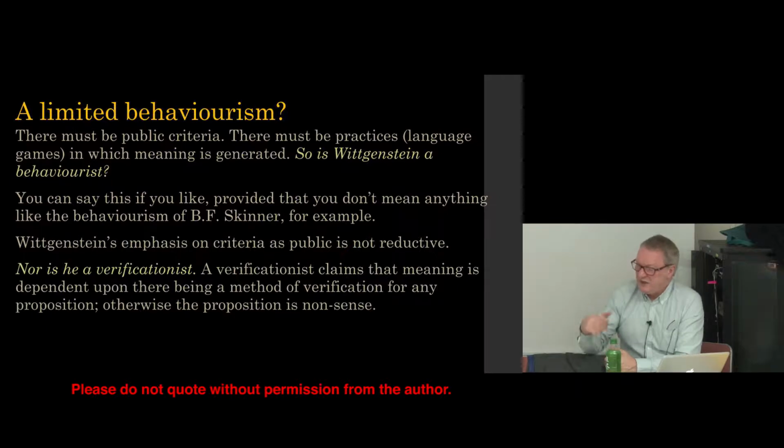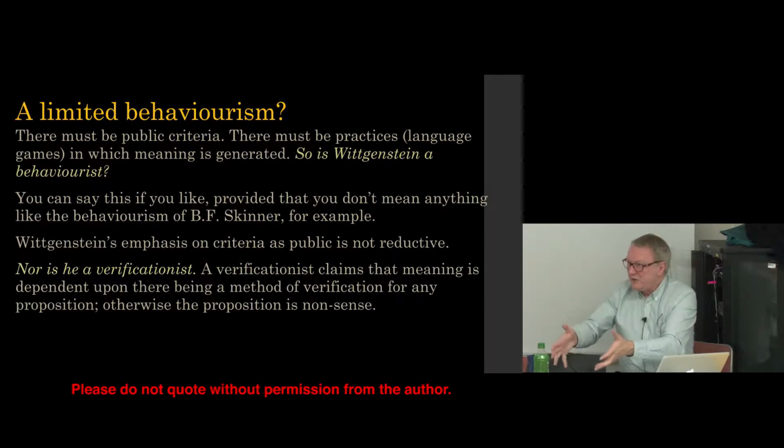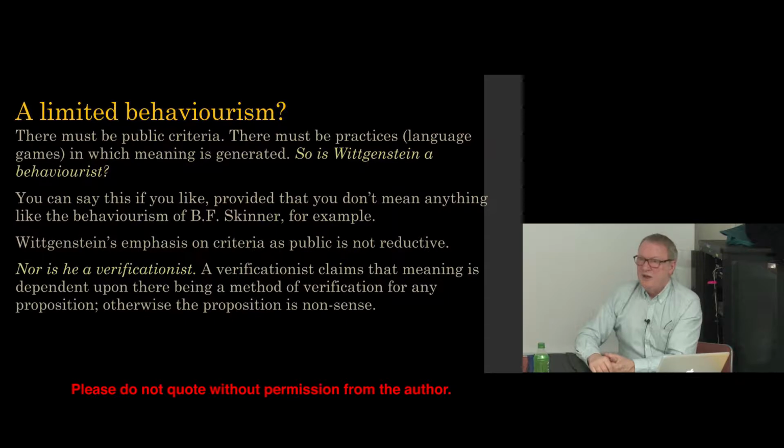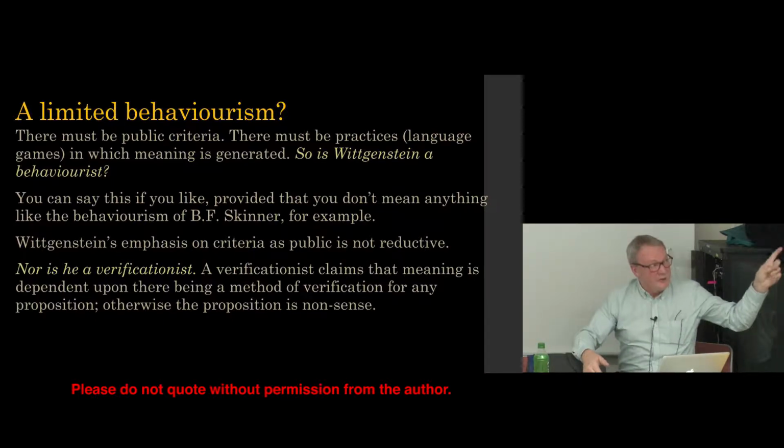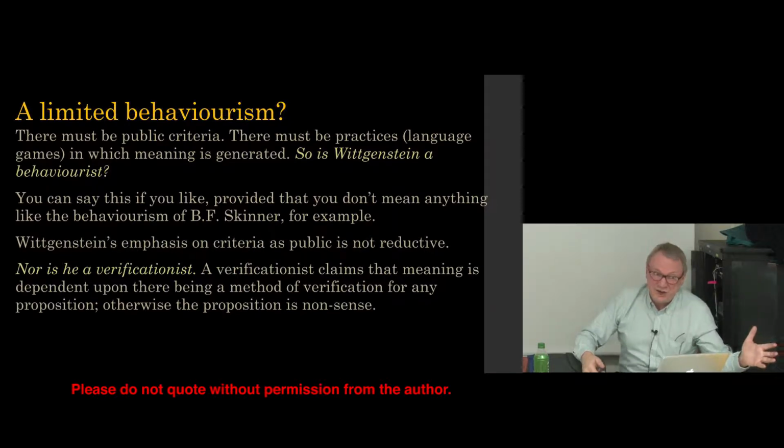So they would say, if I say the bottle is on the table, then we have a test for that because we all look and we share the judgment that the bottle's on the table, so yes, it's true. If I say it's a beautiful day today, then we haven't got clear criteria for what beauty is. We can say the sun is shining, we can check, but whether that's beautiful is something we cannot check.